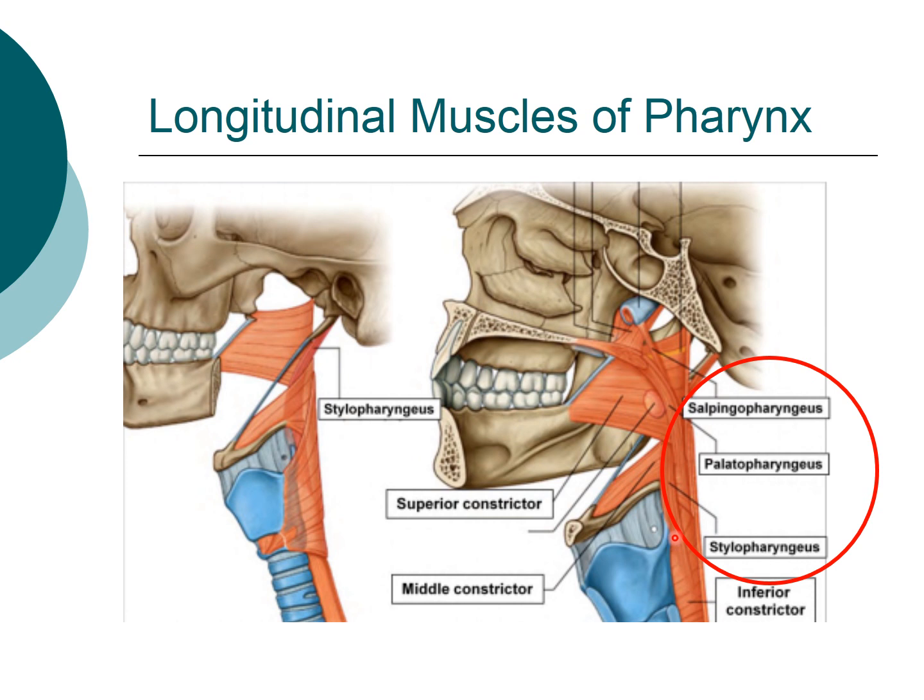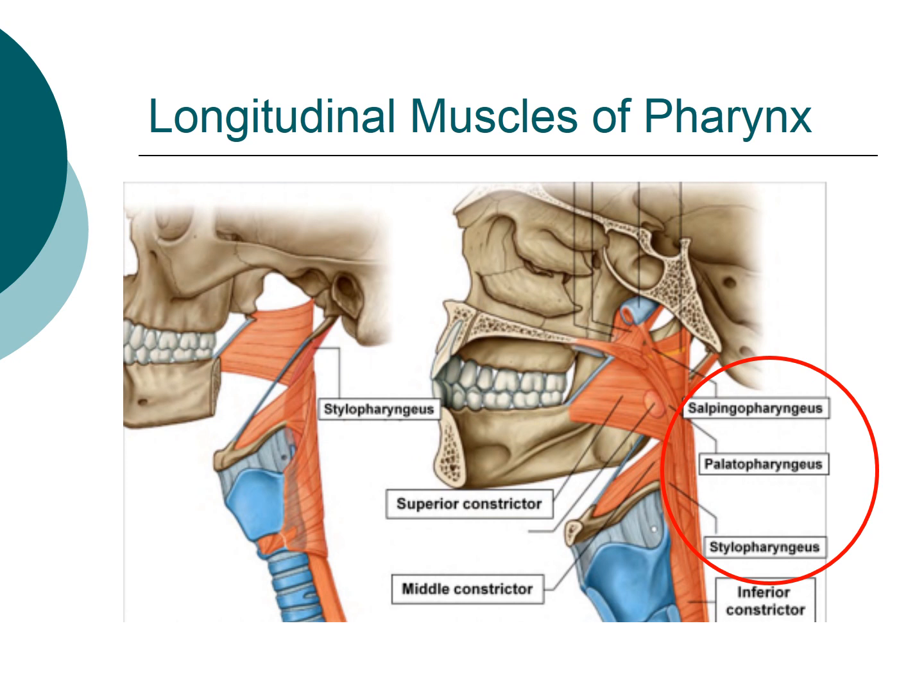The three muscles come down to be inserted into the wall of the pharynx and the posterior border of the thyroid cartilage. So the three longitudinal muscles differ in their origin, but they have the same insertion. The insertion is in the wall of the pharynx and the posterior border of the thyroid cartilage. When I ask you, what is the origin of the palatopharyngeus?